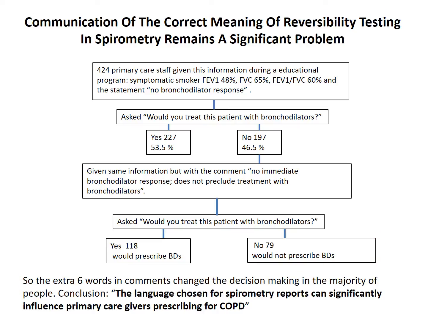So the extra 6 words in the comments changed the decision making in the majority of the people. So the conclusion really is the language chosen for spirometry reports can significantly influence the person looking at the test result. My big caveat being if they read it, of course.